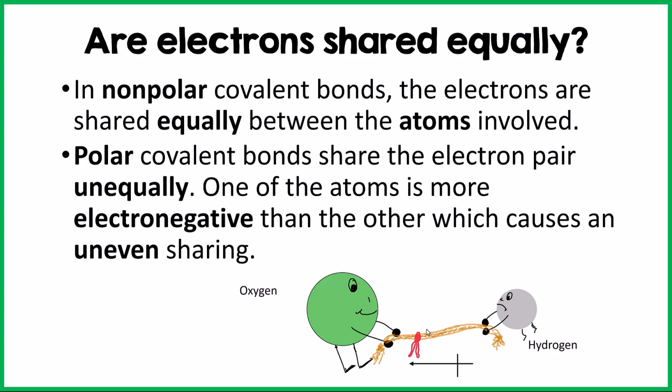It pulls the electron harder, more strongly than the hydrogen atom does. And so, as you can see, like a tug of war, it's being pulled a little bit more towards the oxygen side. This is not being evenly pulled on both sides. So we call that a polar covalent bond.